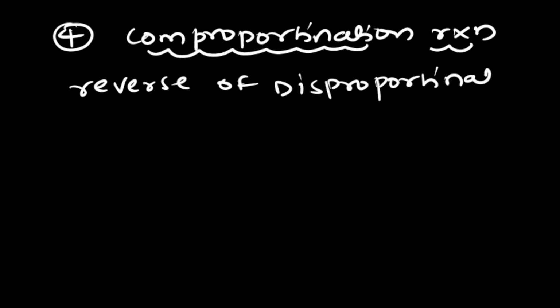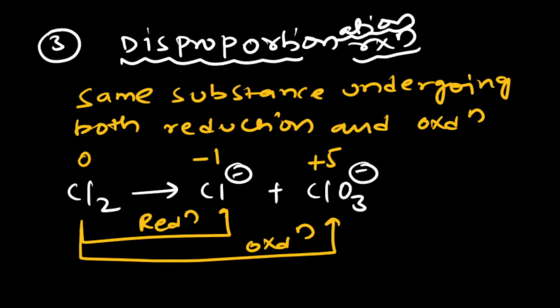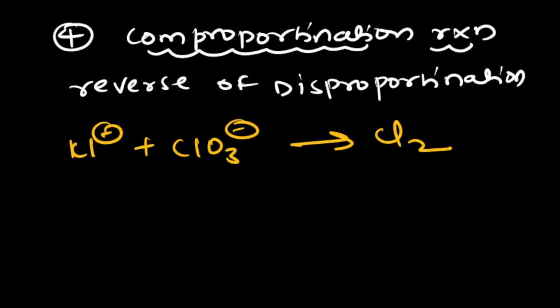Let's suppose Cl minus plus ClO3 minus gives rise to Cl2. Reverse only, right? This is the disproportionation reaction. Reverse of this reaction is the comproportionation reaction.